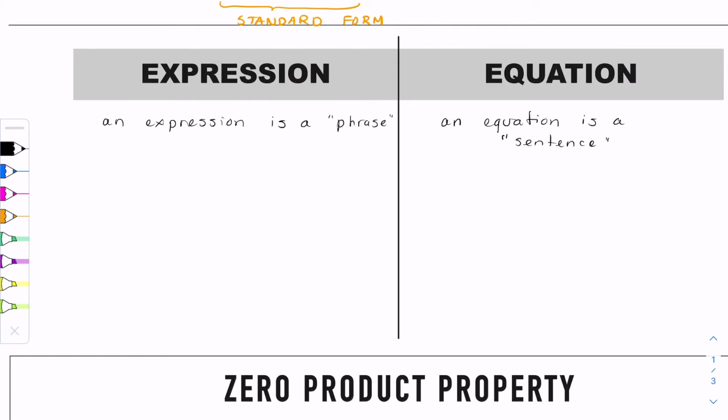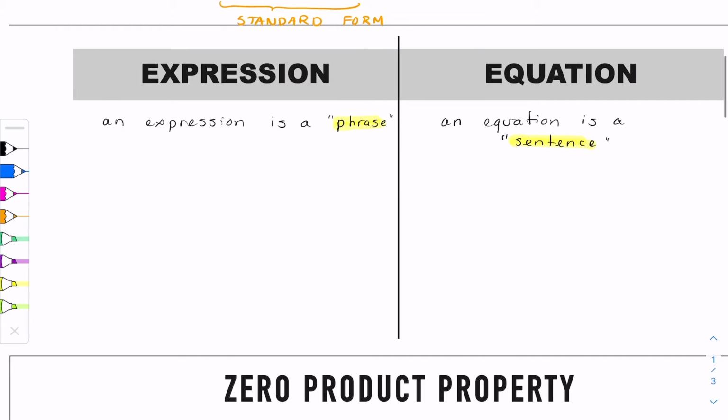A phrase is obviously just a phrase, while a sentence is complete. It has a starting point and an ending point. That's the difference between an expression and an equation.